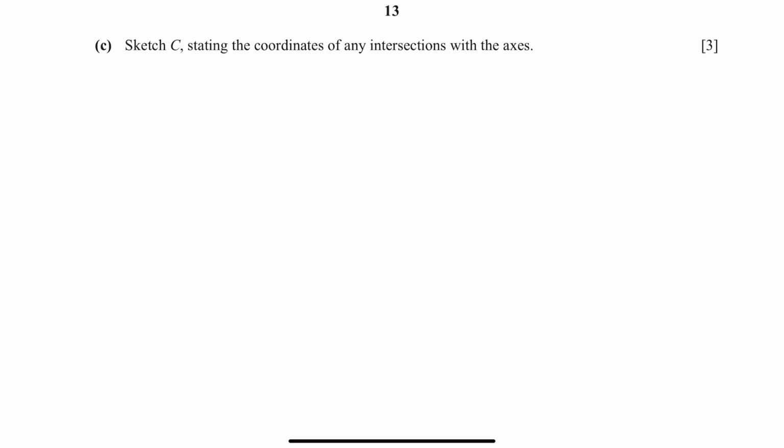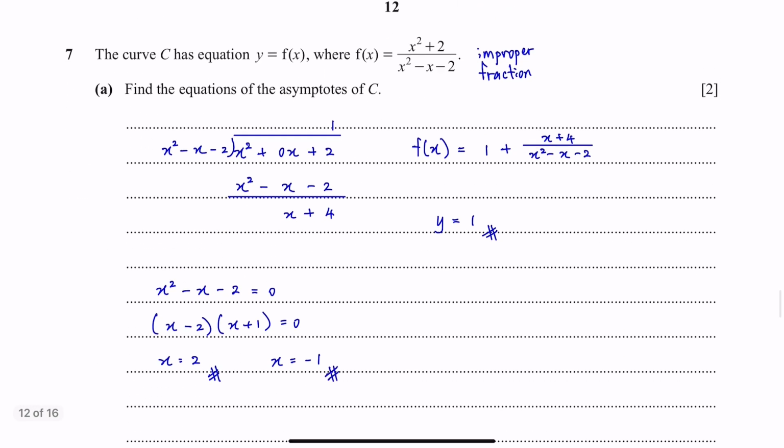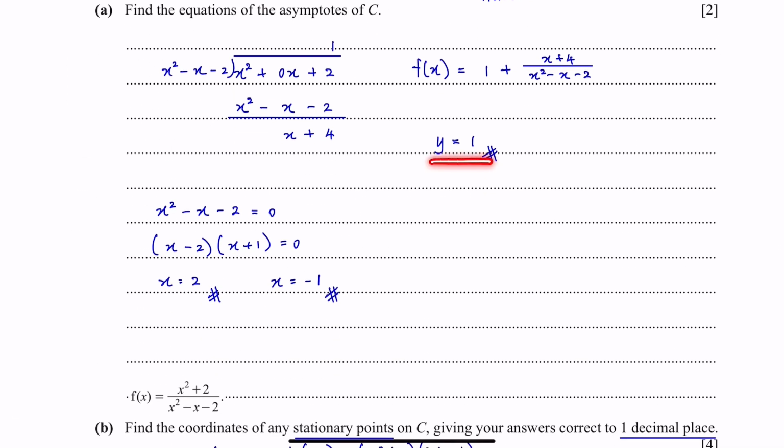Okay, for part C, we need to do graph sketching. And the first step for graph sketching is to find the asymptotes, which we already found in part A. So for now, we just need to draw it out. Just now, we know that we have three asymptotes.